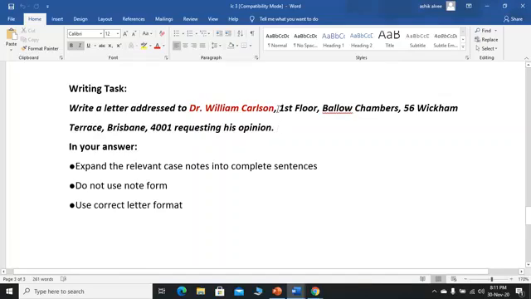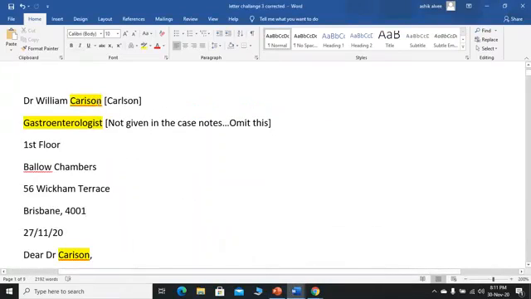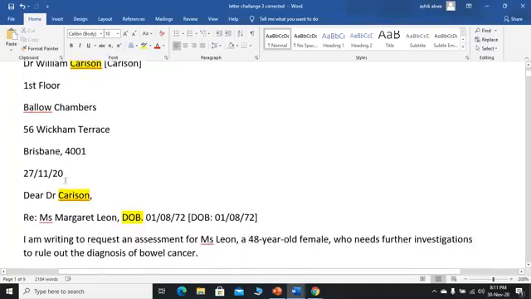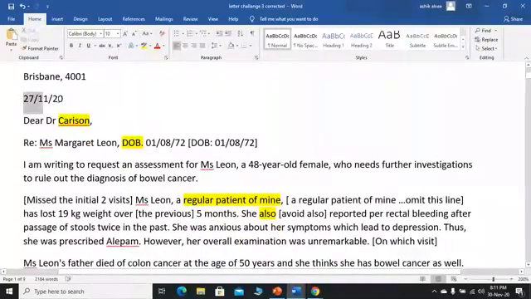And for each comma, you have to make a new line. So we have to omit this line, gastroenterologist. First floor, Bellow Chambers, everything here again. The date has been given here.